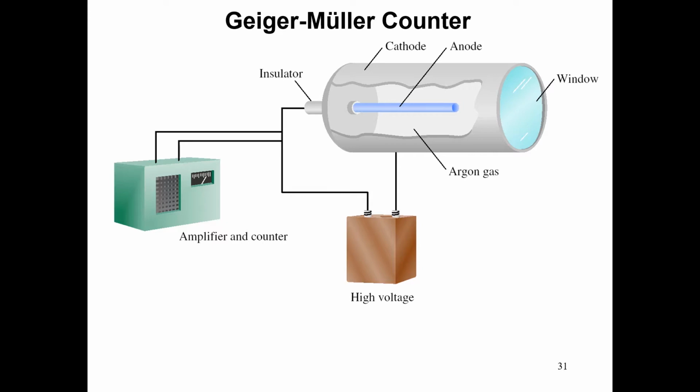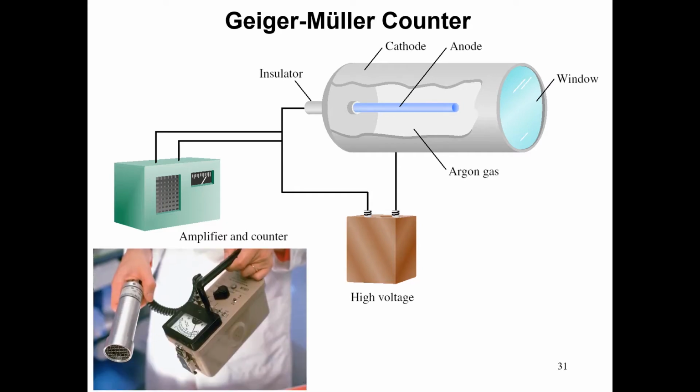And sometimes the way you amplify it is by generating sound, for example, like a clicking sound. You've seen this in movies probably, or a flashing light, or you can connect it to a display, either analog or digital, and have a readout of the actual amount of radiation that's being detected. Now this is a sketch, so you can have Geiger counters in different modes.